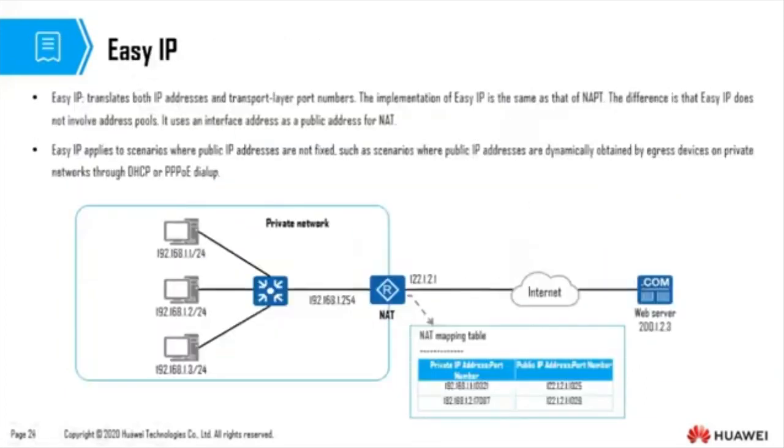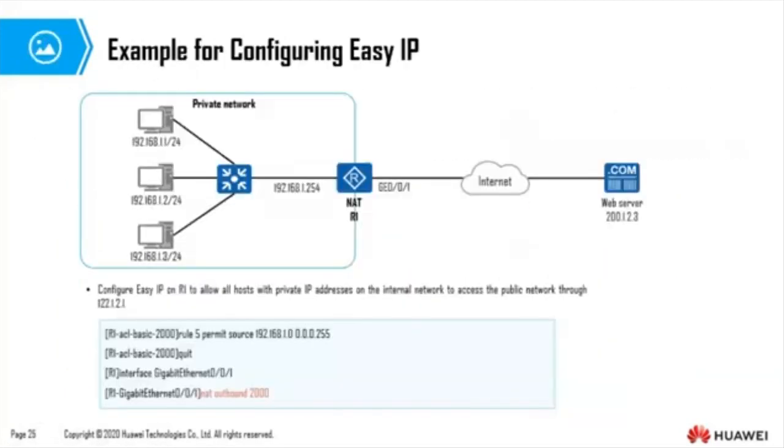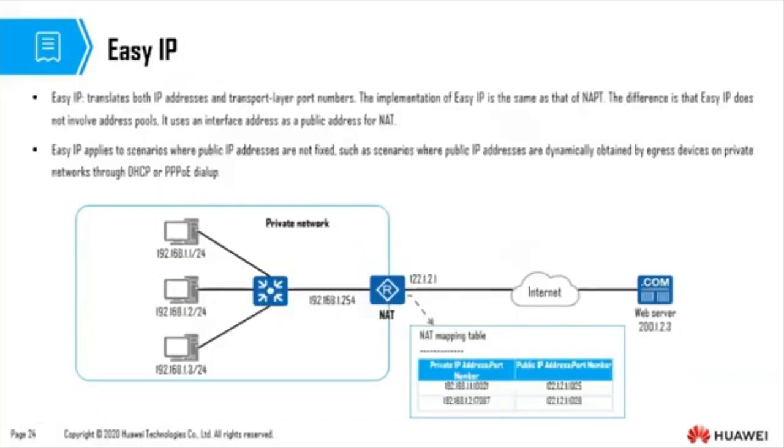Otherwise, the working mechanism is the same. With easy IP, everyone in your internal network is going to be mapped to the same public IP address. The only difference is the port numbers. Are you getting the difference between NAPT and easy IP?